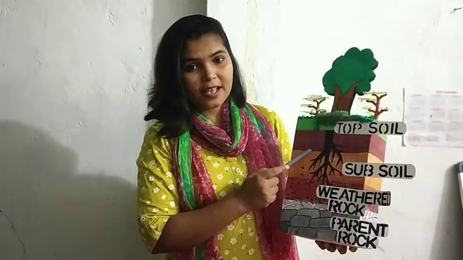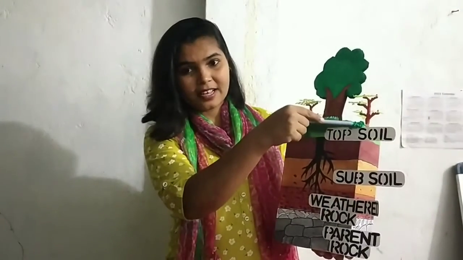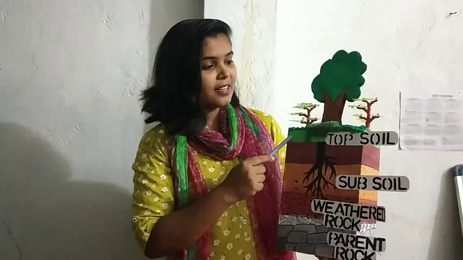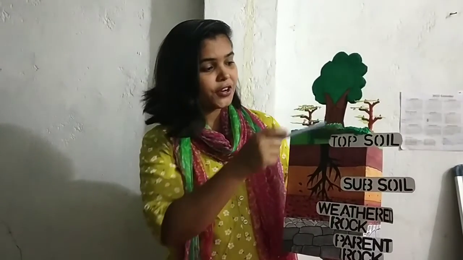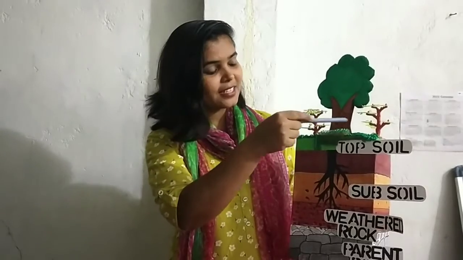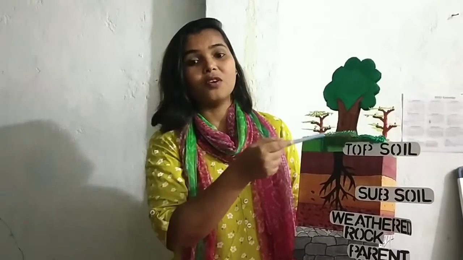This is the most fertile layer of the soil, the one that has more vegetation and more humus. As we can see in this model, there are trees, grasses, herbs and shrubs. So this is the layer that has more vegetation, right?